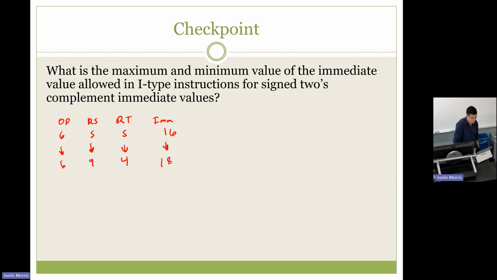We have this 2's complement value in the I-type field. So what is my range? I have 18 bits, so it's -2 to the what power?